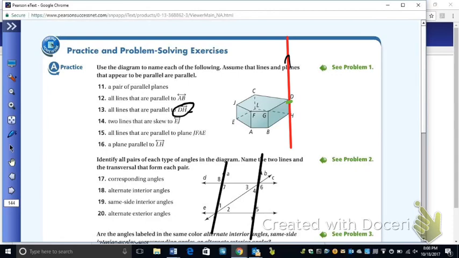My math might be a little off on that. Anyway, we're looking for corresponding angles. So we're going to start off with the 2 black lines in the right transversal. As I go through this, all the lines are going to be black for the 2 lines that get crossed by the transversal, and the transversal is going to be red.